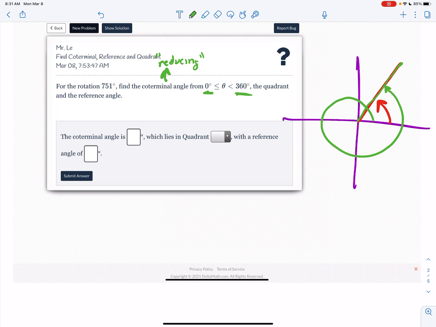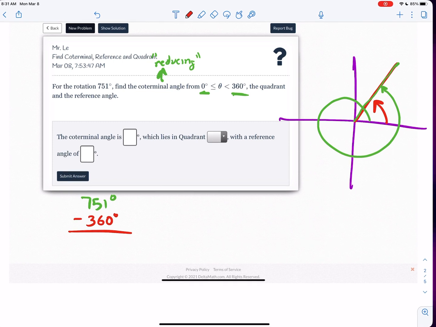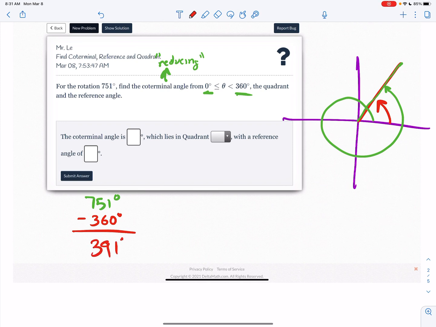So here we go. 751 is definitely way too large. It surpasses 360 here. So what we want to do is make it smaller. We subtract increments of 360 always for coterminal angles. If we subtract 360 here, I'm going to use my calculator. I get 391 degrees.